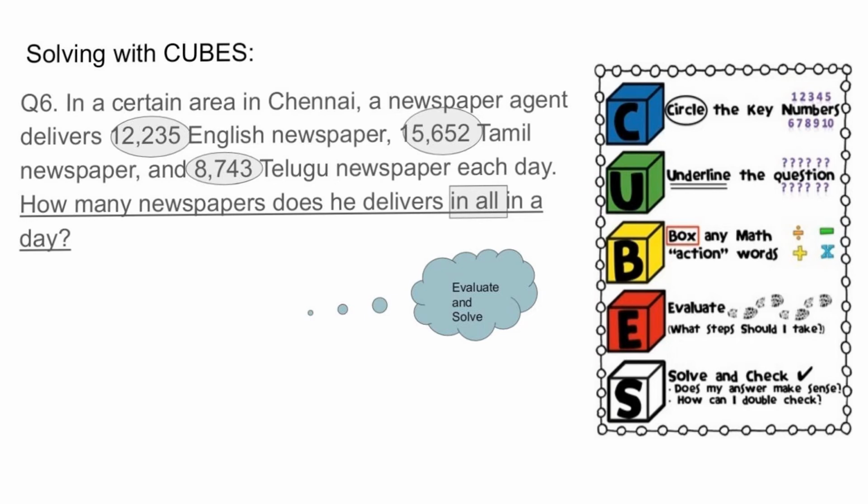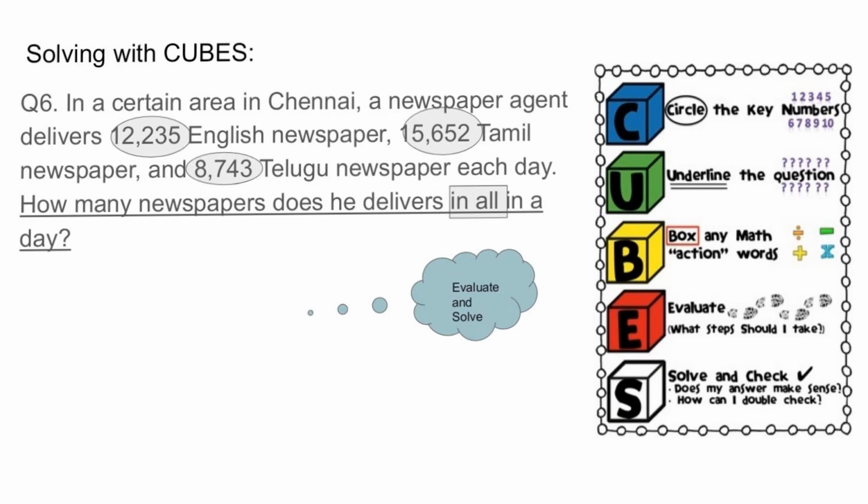So, first things first, circle the key numbers. I have circled all the key numbers which are needed to solve the question. Then move on to U, which is underline the question. I have underlined the question: how many newspapers does he deliver in all? Box the keyword.